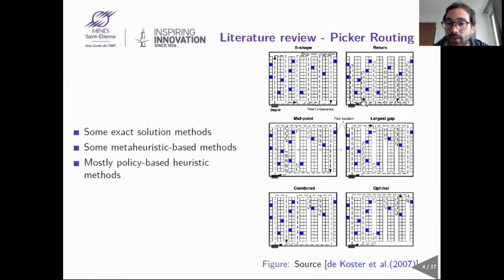Then you go to the next aisle, and again go to the farthest position and come back until the end, where it goes back to the depot. Then there are more complicated methods where more and more optimization is done about the picker routing, and at the end, the optimal routing method where the route with the minimum length is chosen.